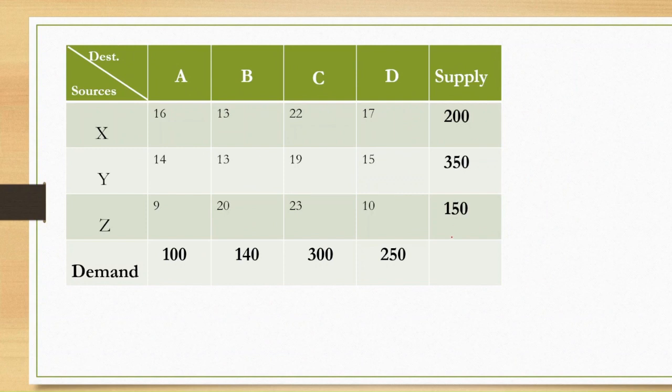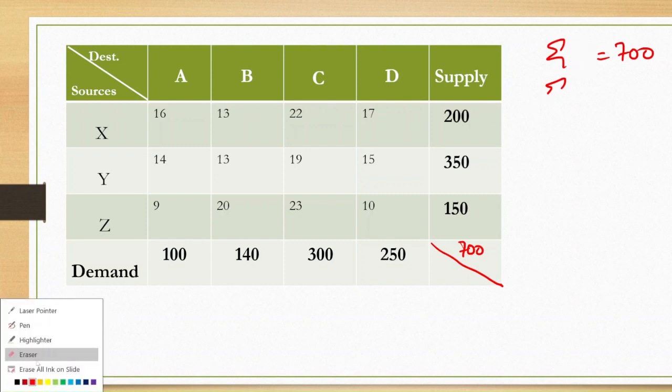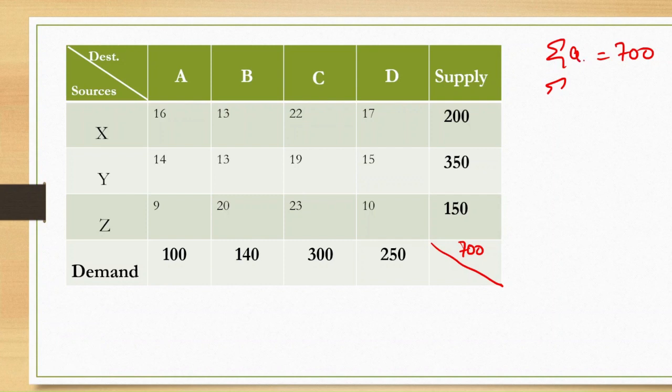So here the summation of AI's is coming out to be 700, and the summation of BJ's is equal to 790.